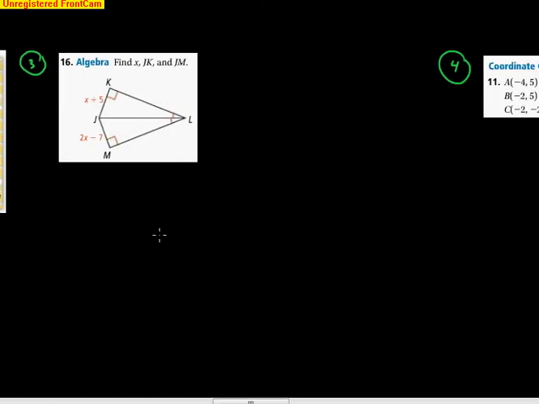Number 3. Find x, JK, and JM. And the important markings are here. We have an angle bisector. So let's say segment JL bisects angle KLM. So that means that J is equidistant from the sides of the angle.